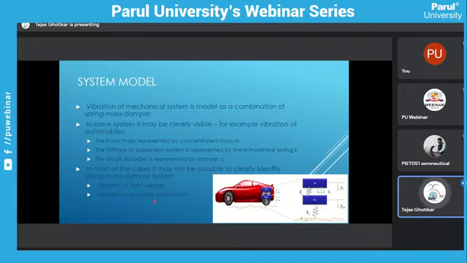Even in the case of any machine, it is not possible to put it in a spring mass damper system. For some systems, as mentioned here, it may be clearly visible to put it in the form of a spring mass system, but in most systems it is not so easy to figure out the spring mass damper system.